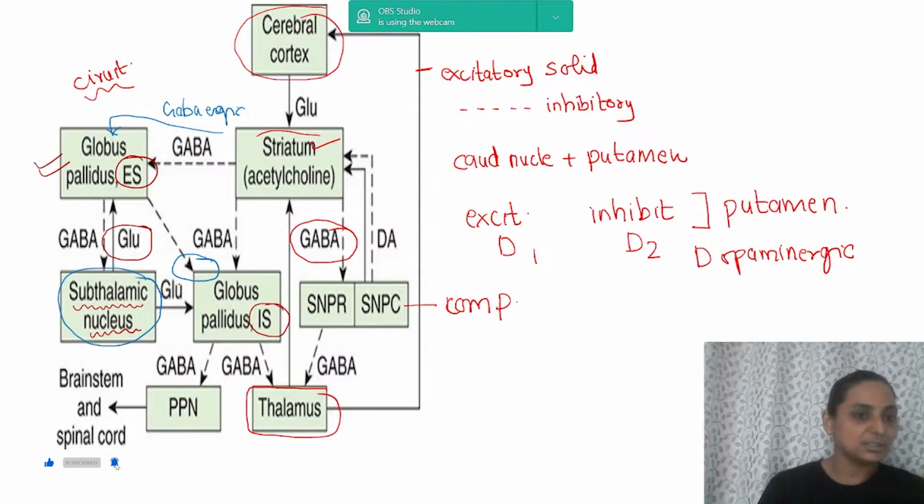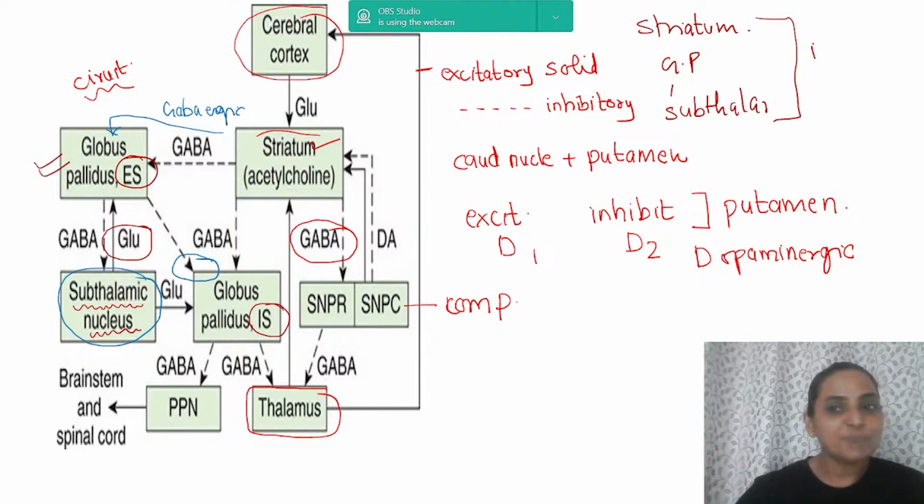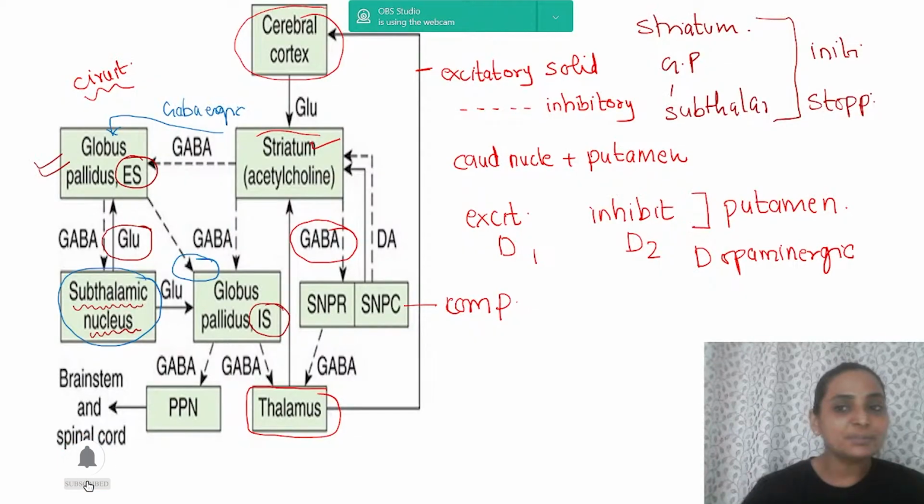So these three, the striatum, the globus pallidus and the subthalamic nucleus, are responsible for the initiation or the stopping of movement, and they are controlled by the striatum, especially the putamen.